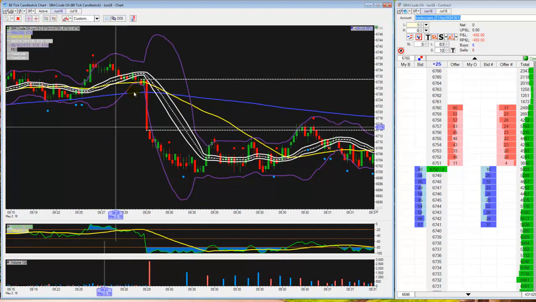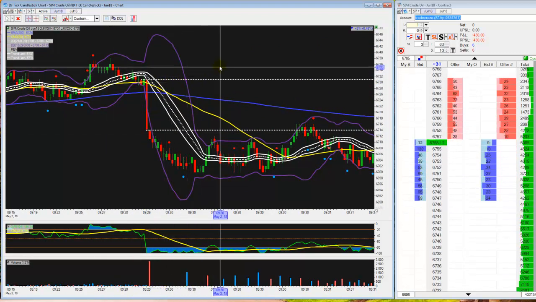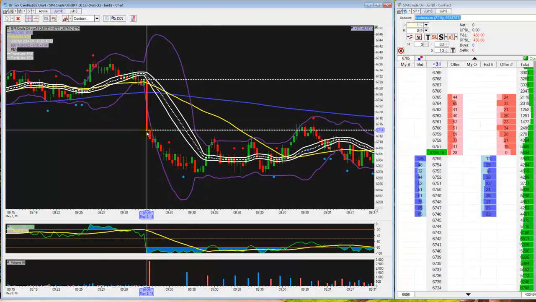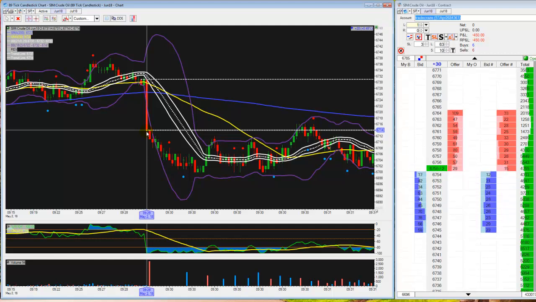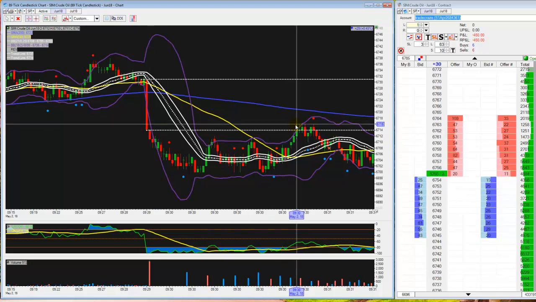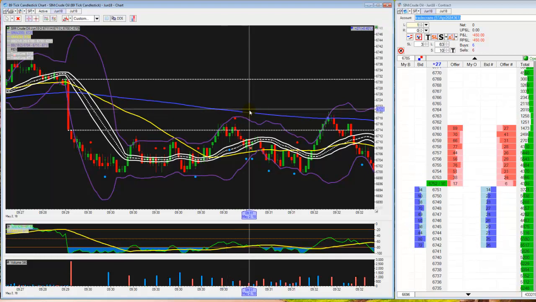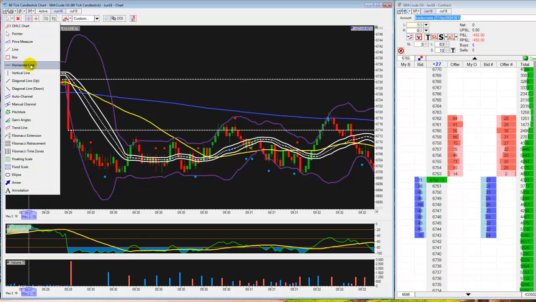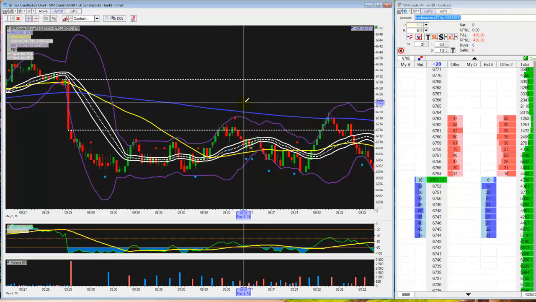Alright, so what I got rid of is everything on the chart except for the bar itself. I'm just looking back to see if I could have traded it any better.